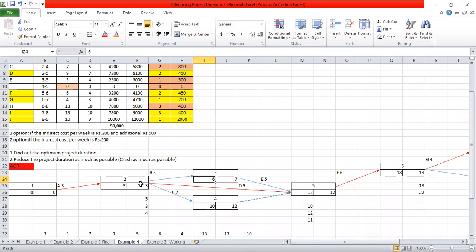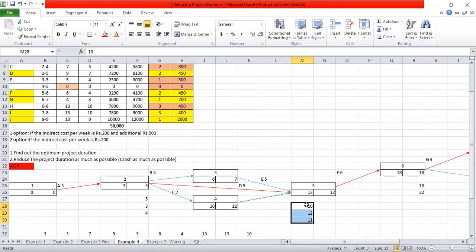To that 3, you add 7, so 10 here. And 3 plus 9 gives 12 here. To the 6, you add 5, that means 11. And you are having 10 here. As it is a dummy activity, it is 0, so 10 plus 0 is 10.